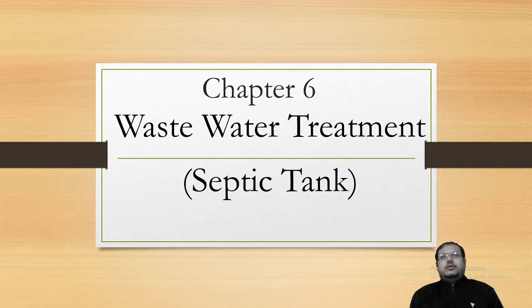And apart from that, this oxidation pond is an example of the facultative process. तो aerobic हम लोग देख चुके हैं दोनों टाइप का, facultative हम लोग देख चुके हैं, उसका sludge digestion भी देख चुके हैं. Now what we are going to deal with is septic tank.